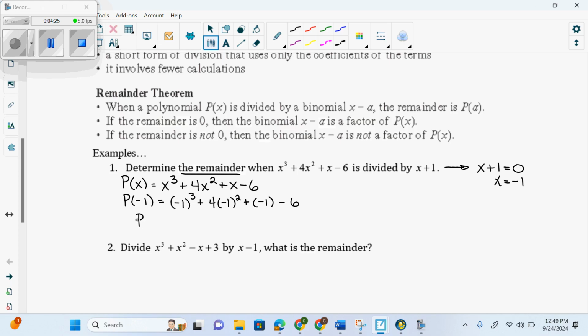So p of negative 1 equals negative 1 plus 4 minus 1 minus 6. So p of negative 1 equals negative 4. And this is the remainder, which I just proved to you by long division. We got that same answer. Correct? Same answer.